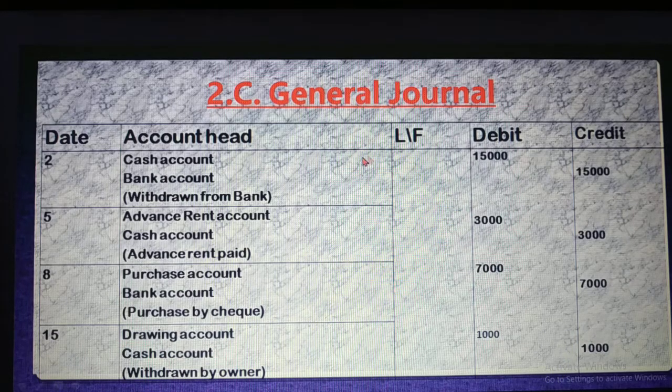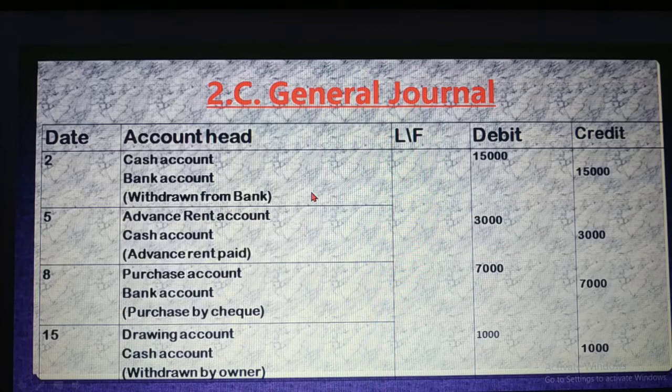This column is actually for the backend. In practical life, when we transfer from the journal into the ledger, that time we write the ledger folio number. LF means ledger folio. It is an important MCQ. What does LF mean? L for ledger, F for folio. Then here we write the debit amount and here the credit amount. In Bangladesh we write taka. You may write dollar, pound, dinar, whatever your currency is.